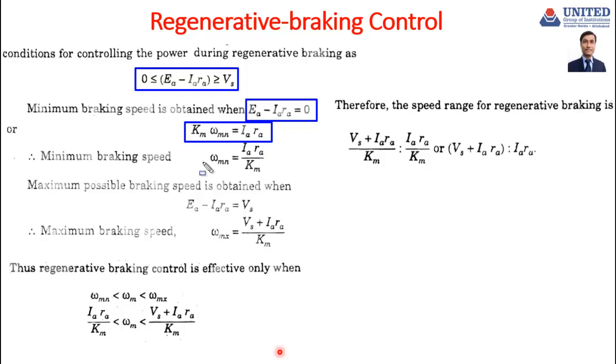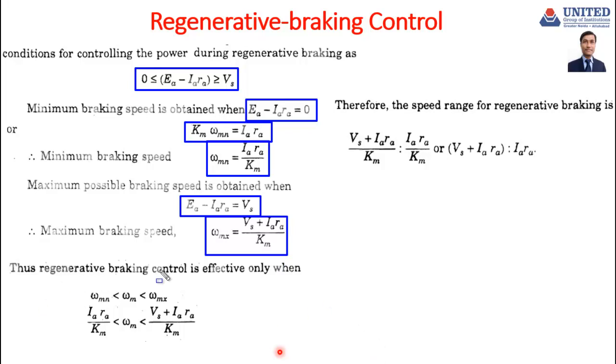So minimum braking speed will be given by IaRa upon Km, and maximum possible braking speed is obtained when Ea minus IaRa is equal to Vs. So maximum braking speed will be equal to Vs plus IaRa upon Km.